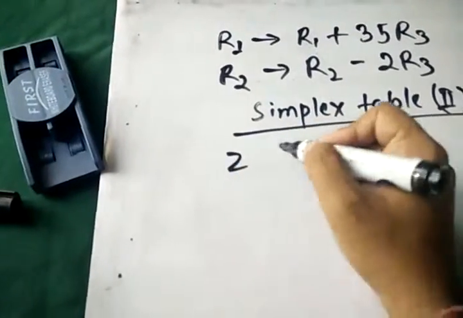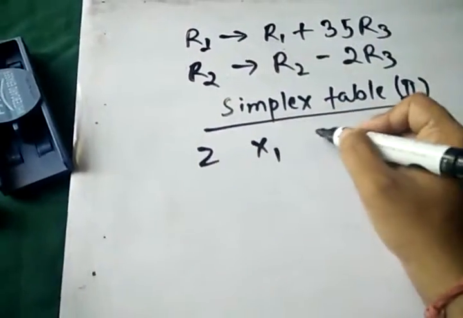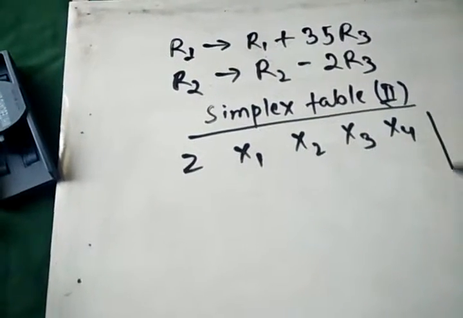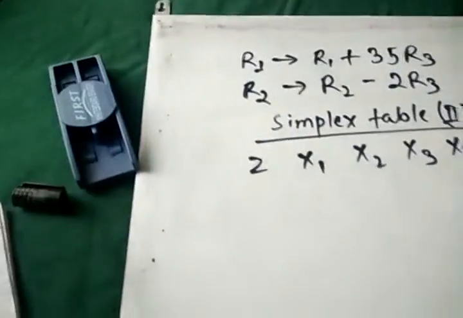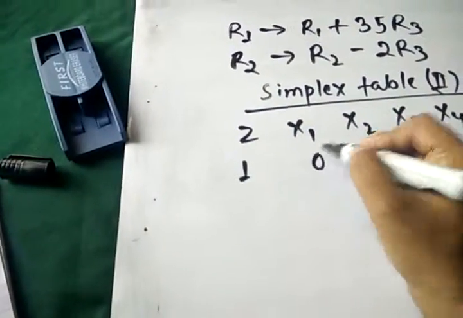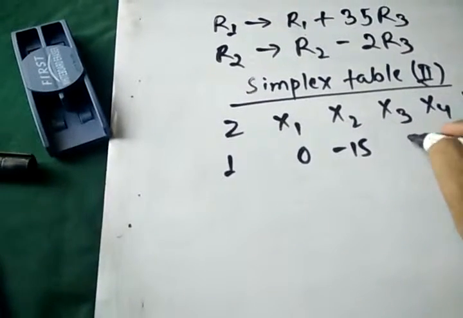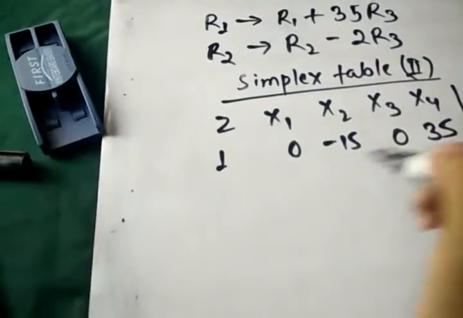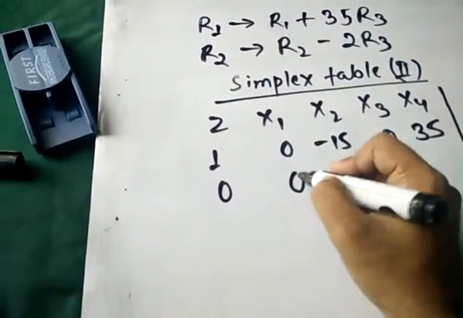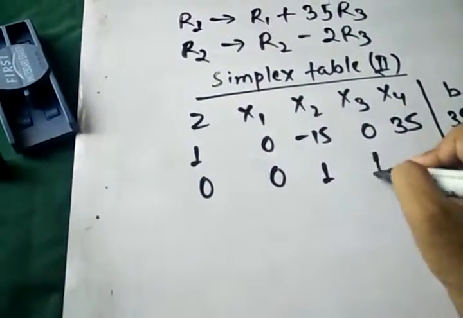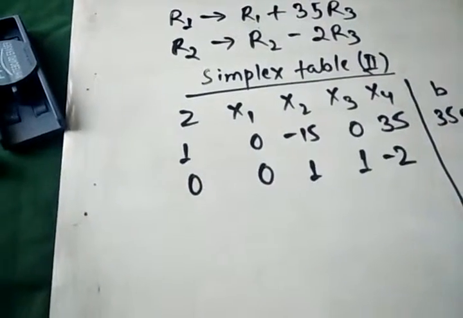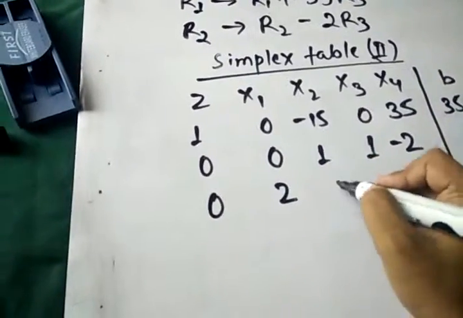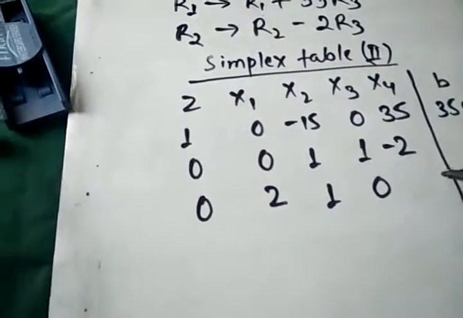The simplex table will be z, x1, x2, x3, x4 and again p, and we have 1 0 minus 15 0 35 and 3500, 0 0 1 1 minus 2 40, similarly 0 2 1 0 1.